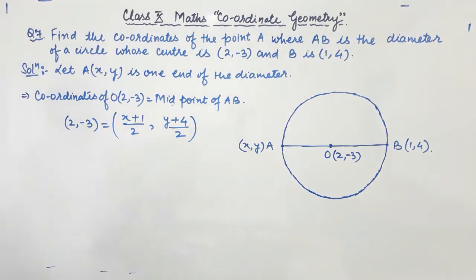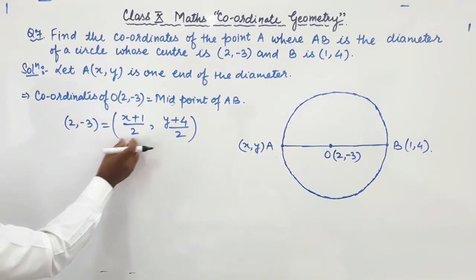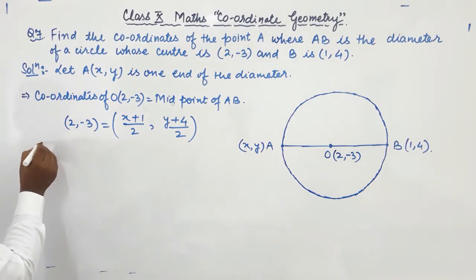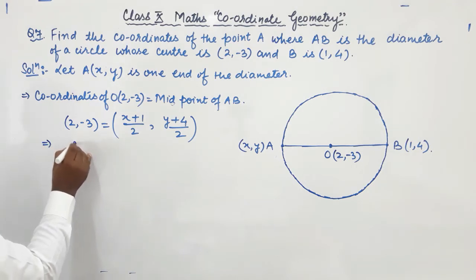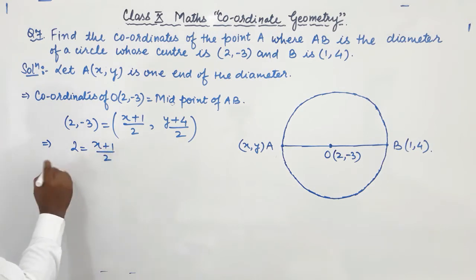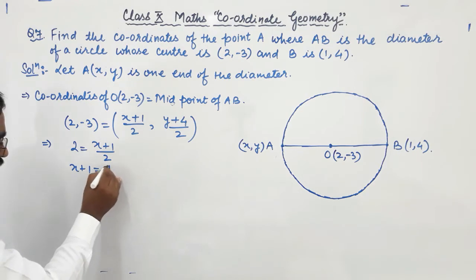Now, to find the values of x and y, first we take the x coordinate: this 2 equals x plus 1 upon 2. Cross multiply, you will get x plus 1 equals 4.